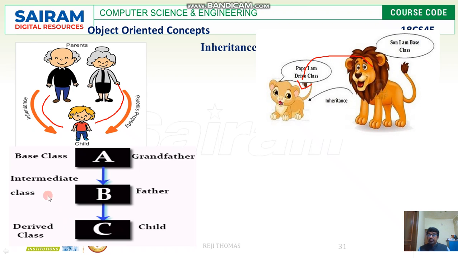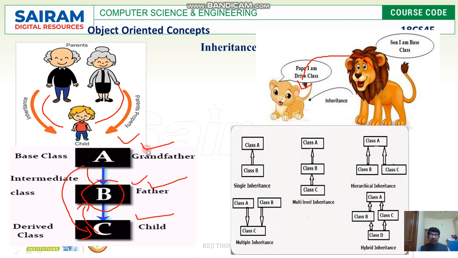Same way, if you treat class A as grandfather, B as father, and C as child, class B should have inherited certain properties from class A. Same way, class C can inherit certain properties from class B. In turn, I can say that class C inherited certain properties from class A. So in this case, we call class A the base class, B the intermediate class, and C the derived class.